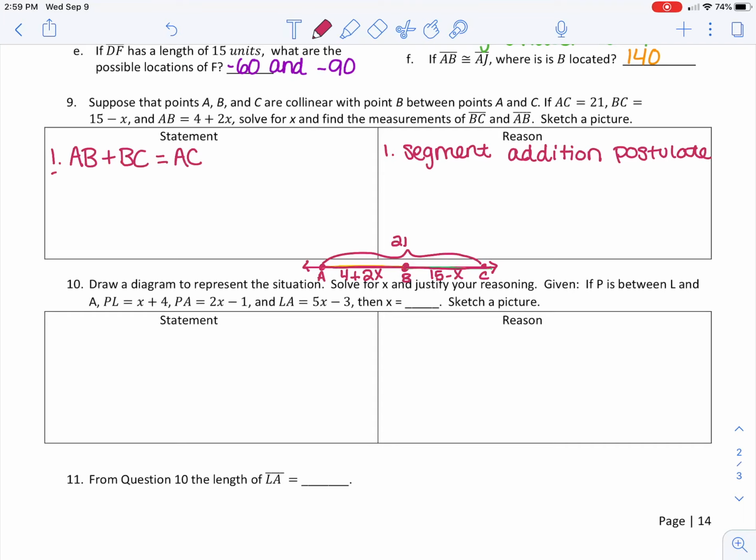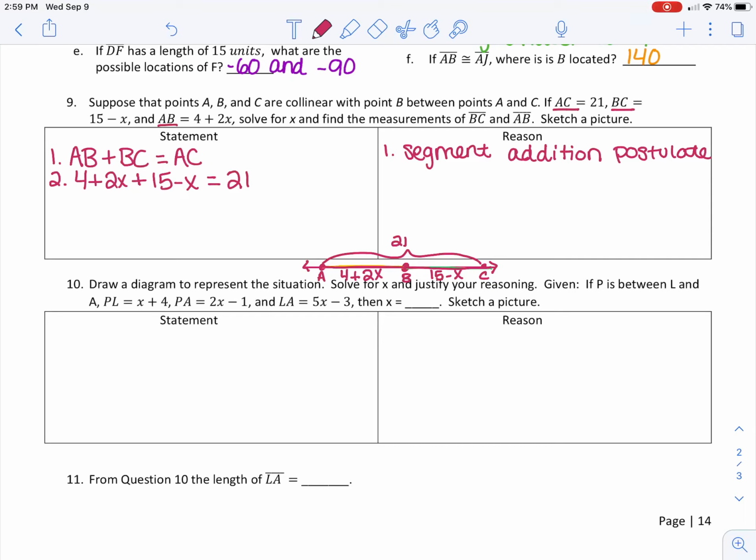Our next thing we have to do is substitute some stuff in. So we know that AB, they told us in the directions, is equal to 4 plus 2x. So I'm going to sub in 4 plus 2x for AB. They also told me that BC is equal to 15 minus x, which is equal to AC, and they told me AC was equal to 21.